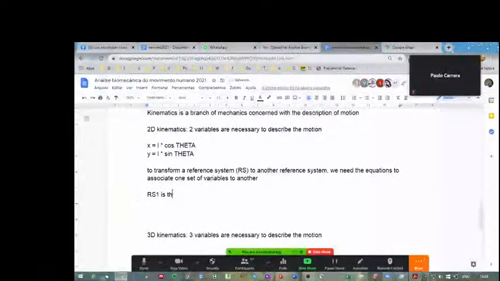Reference system 2 is the polar system, so it means theta and L. So these two are the transformation equations for us to understand.